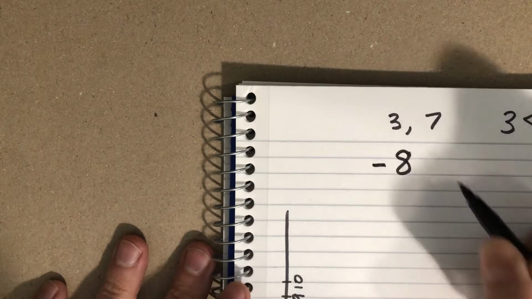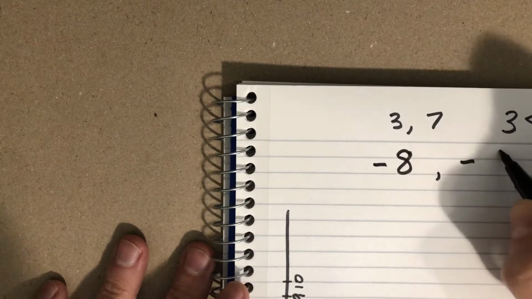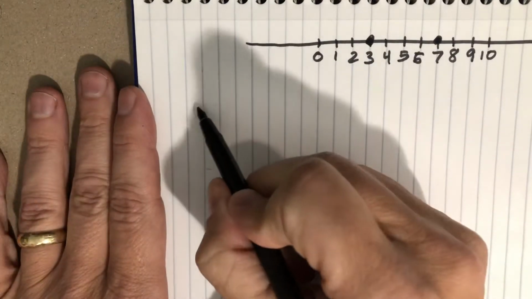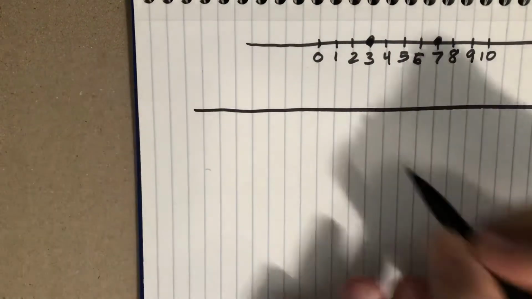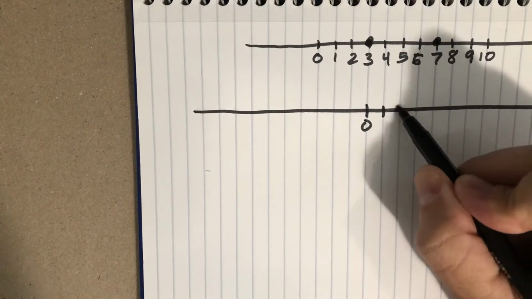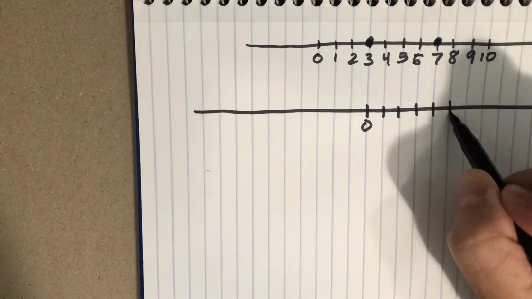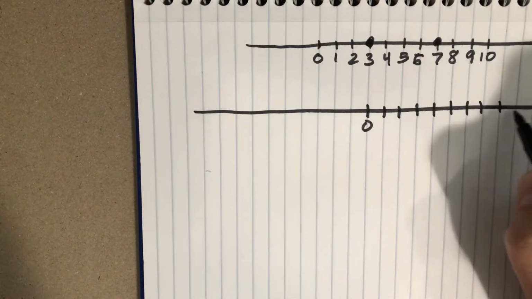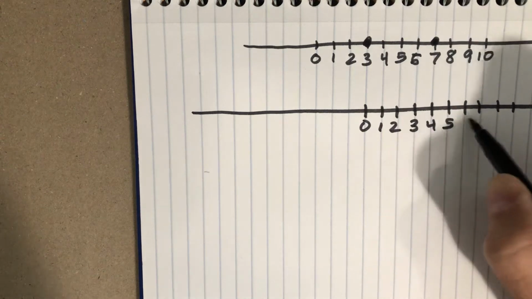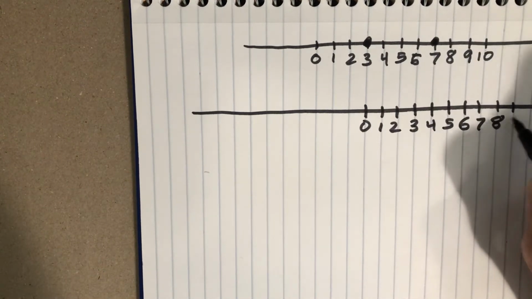If I'm comparing the numbers -5 and -8, I can simply make a number line on my lined paper, but I'll put 0 in the middle. So I can still count my striations to the right of 0, like 1, 2, 3, 4, 5, 6, 7, 8, 9.